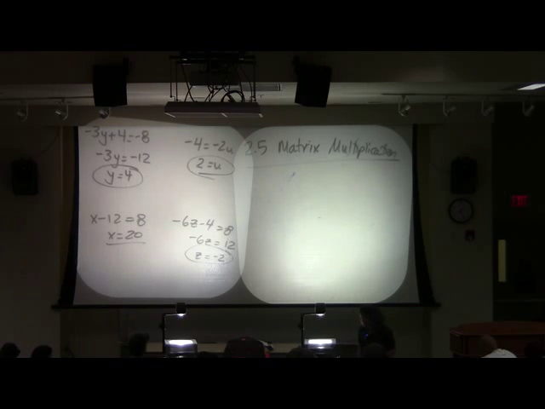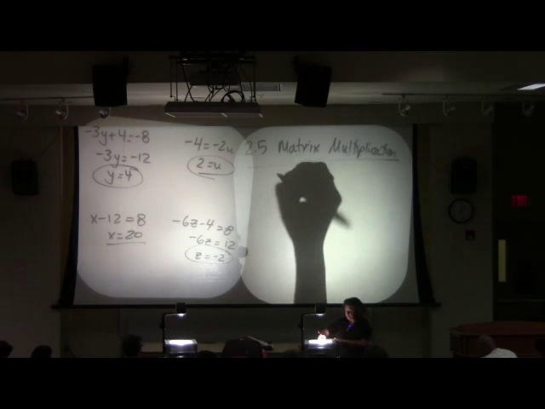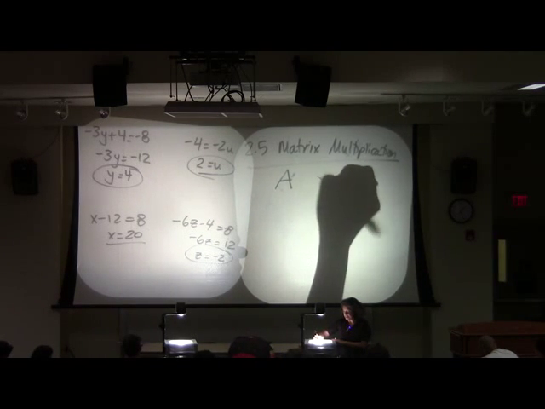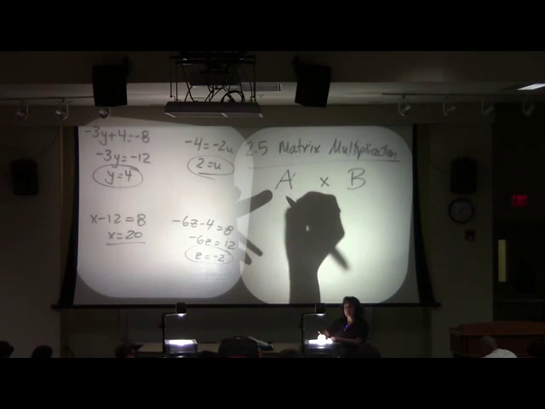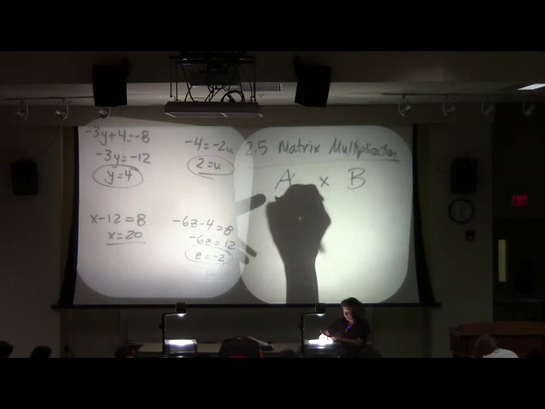All right? First off, in order to add or subtract 2 matrices, remember they just needed to be the same size. Okay? It turns out that such is not the case when you multiply matrices. When you multiply 2 matrices, say matrix A times matrix B, here is what must happen.